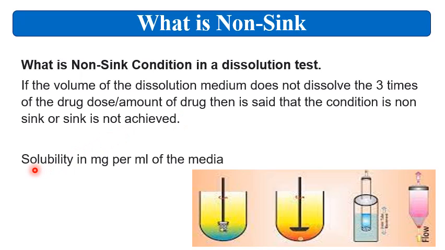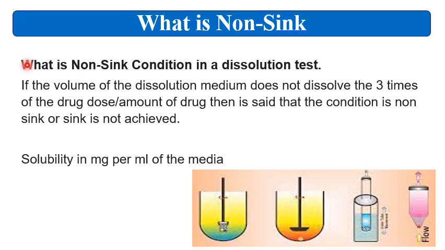It is derived from the solubility in mg per ml of the media. In the last slide we mentioned that the volume is 3 times the saturation volume, and now we are saying that the volume of dissolution medium should dissolve 3 times the drug dose. So these are the same terminologies.